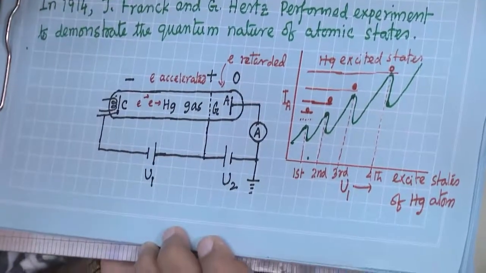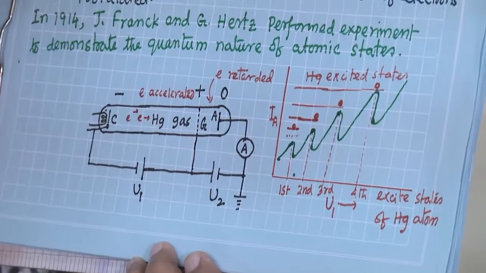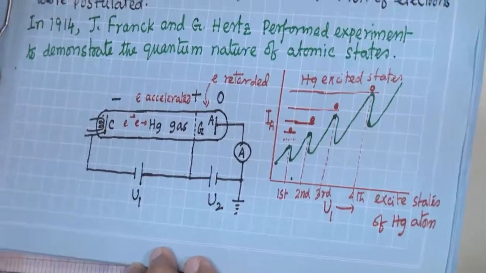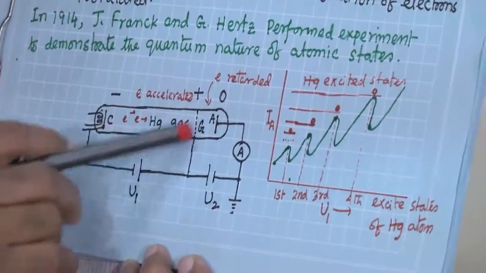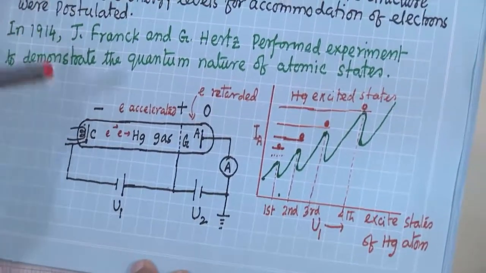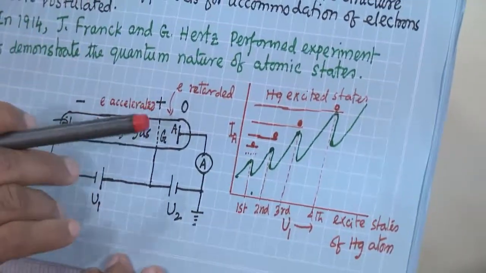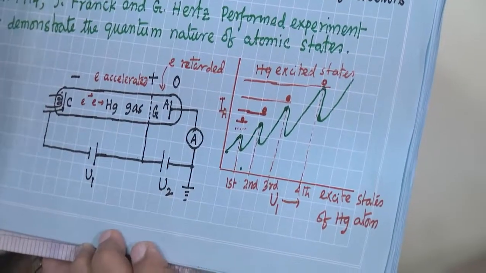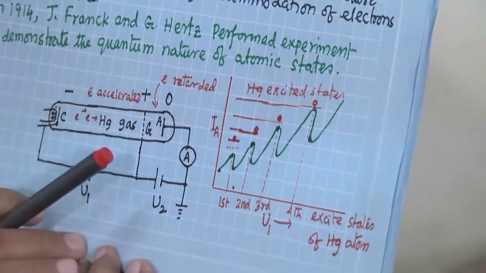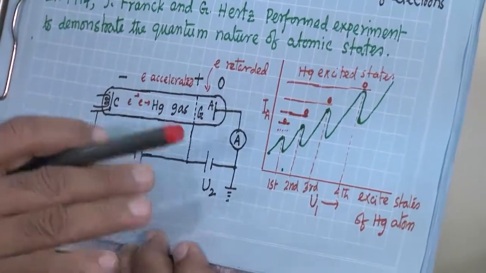So it will be able to jump to higher and higher energy levels of the mercury atom when the energy of the electrons matches the energy difference of the energy levels of the mercury.